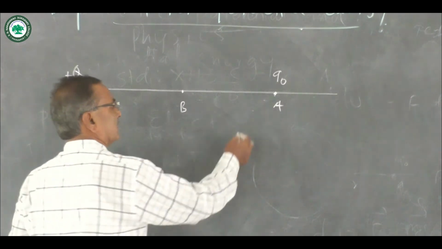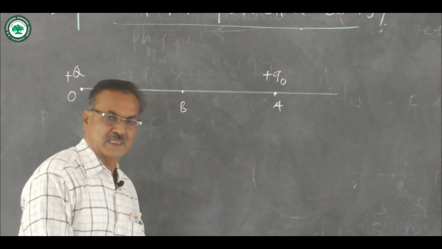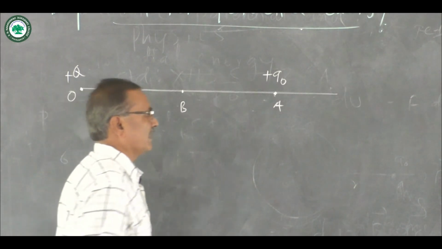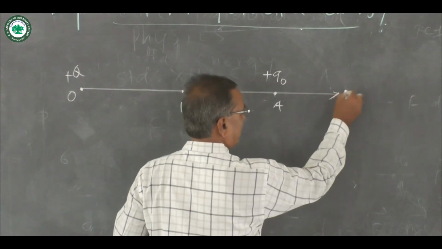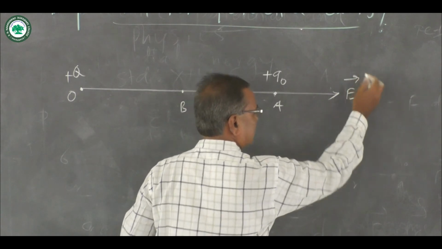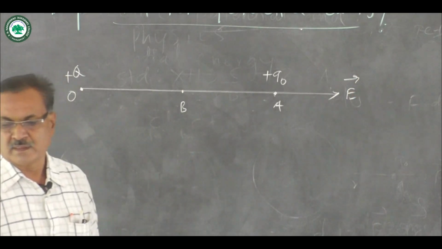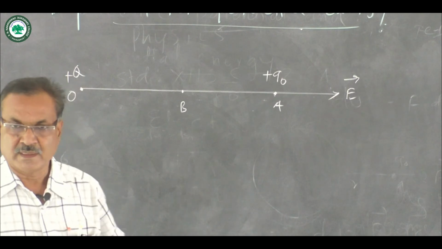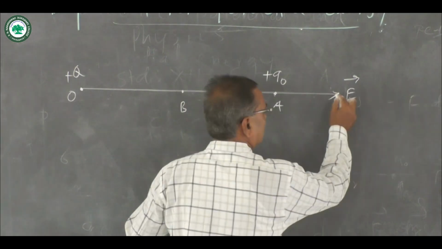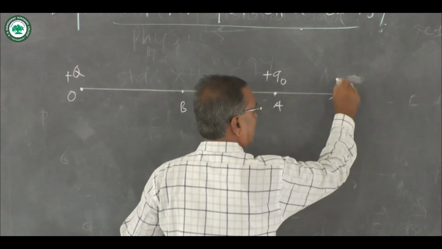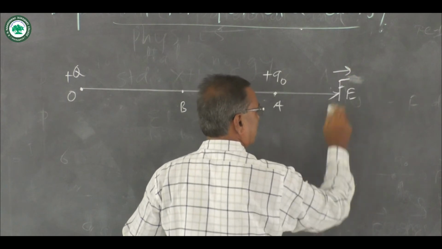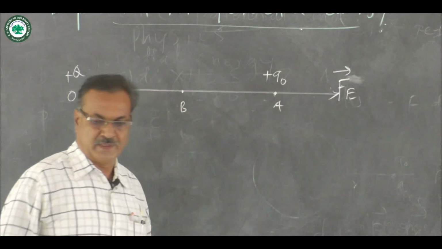The charge is positive, so therefore the electric field vector E is away from the charge, and it also exerts a force, vector Fe.